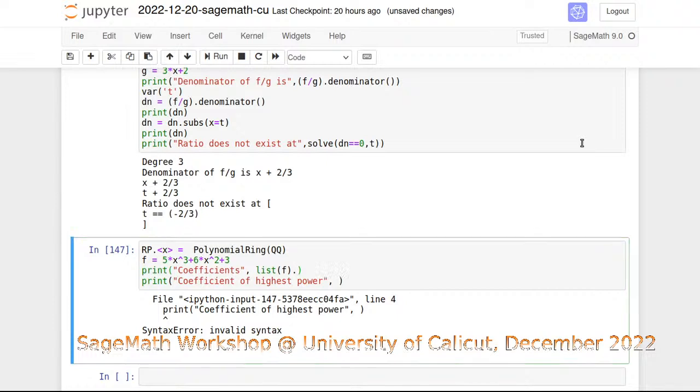Reversing a list, yes. Reverse method actually is there, but somehow, okay, reverse itself is the method, it seems. That's a Python thing, not actually a Sage thing.